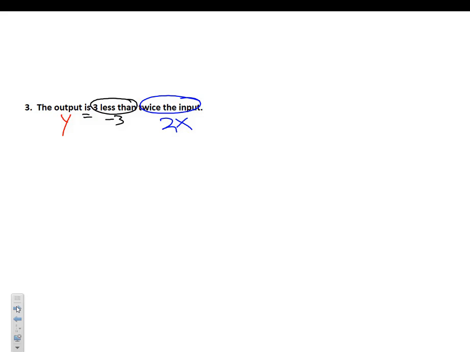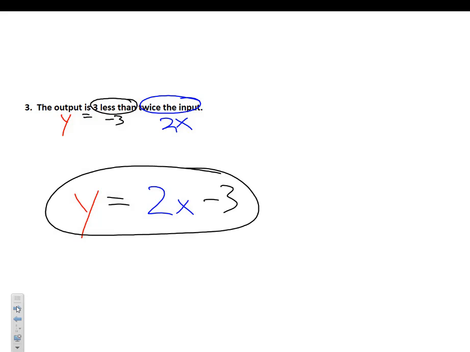So I can write my final function rule. Y is 3 less than twice the input. So 2x minus 3. Remember, if I want to subtract that 3 from here, I got to move it there to show that it's less than that value of twice times the input.